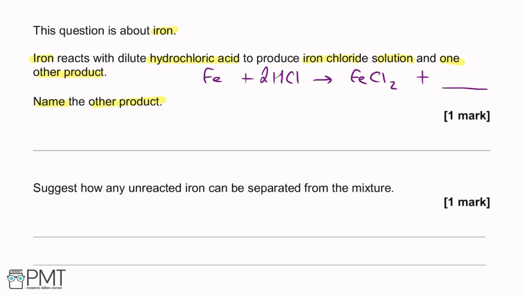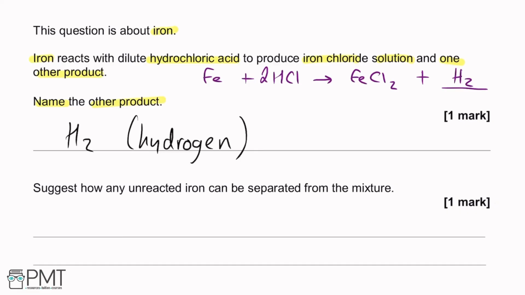Now, thinking about the atoms that we have used up. We've used up this iron here. We've used up these 2 Cls here. So what are we left with? Well, we're left with 2 H's. So this other product is going to be H2, or hydrogen.